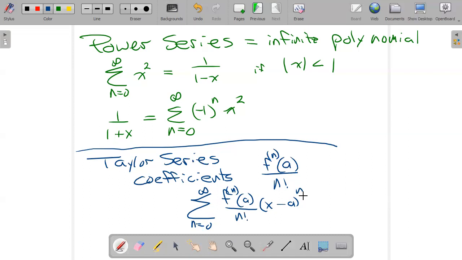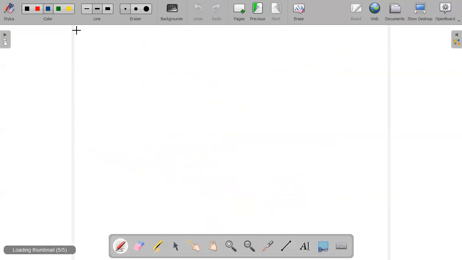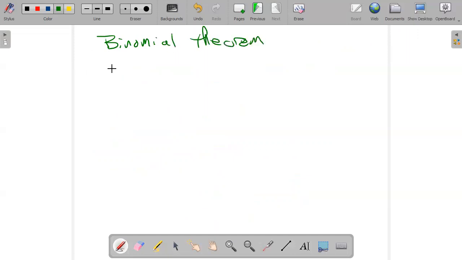And we did one other way to find new series. That was the binomial theorem. Binomial theorem tells us if we start with something like, I'm just going to use the basic one, 1 plus x, but it could be more complicated than that, to the power r, then that's going to be equal to the series as n goes from 0 to infinity.